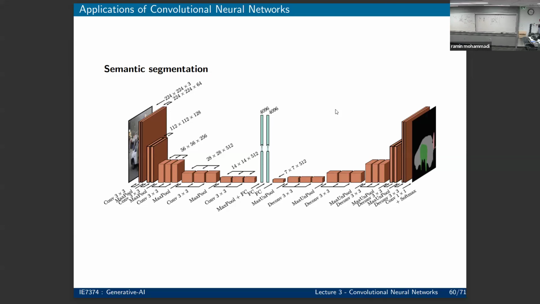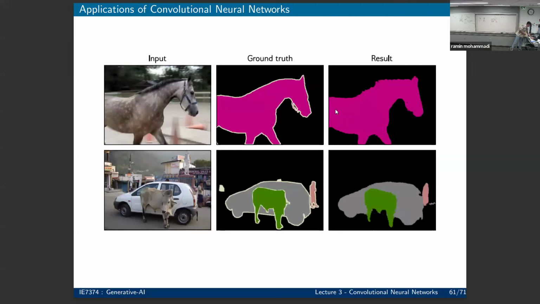If you learn the distribution, you learn the objects in the image, so you can do segmentation or object detection. We will have those later.